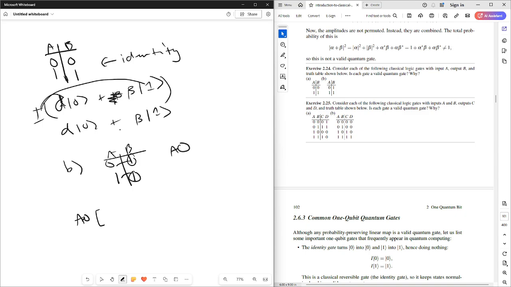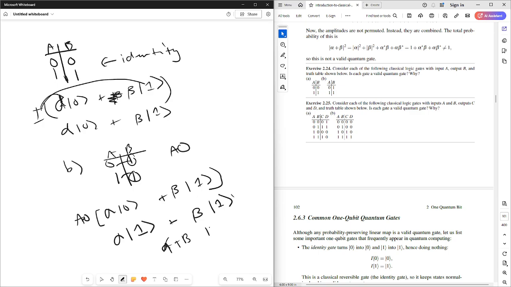Let's apply that to a standard superposition. Well, we wind up with alpha of 1 plus beta of 1. So now it's alpha plus beta, 1.